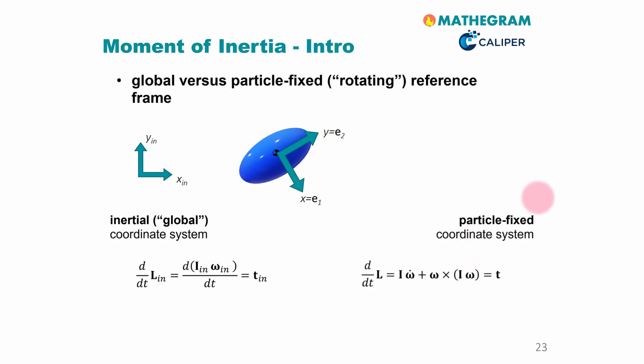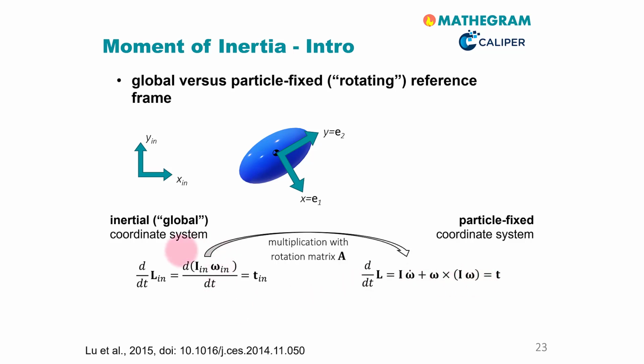In this particle-fixed coordinate system, this equation looks like this. So we have a different set of equations that we need to solve because these are all vectorial quantities. You will see that later.